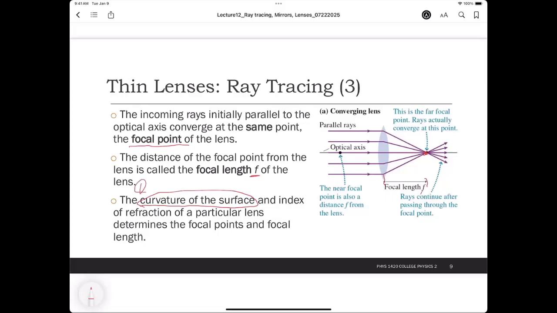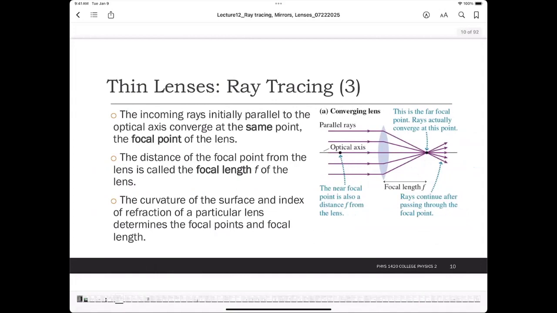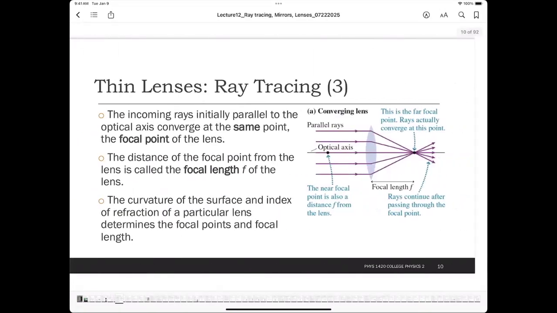The second one is the index of refraction of a particular lens. These two determine the focal point and the focal length. Sorry, I think I just repeated these things.